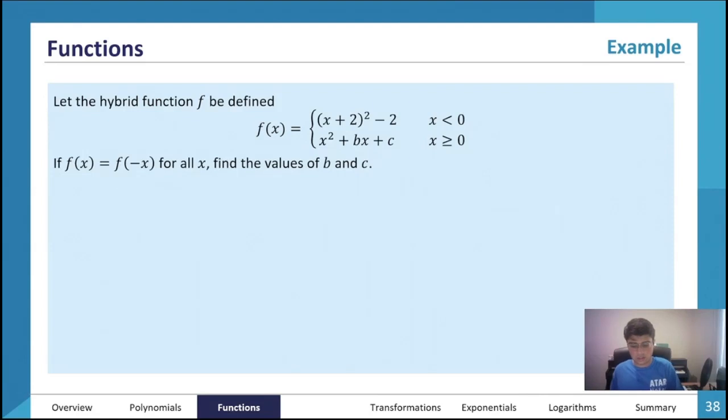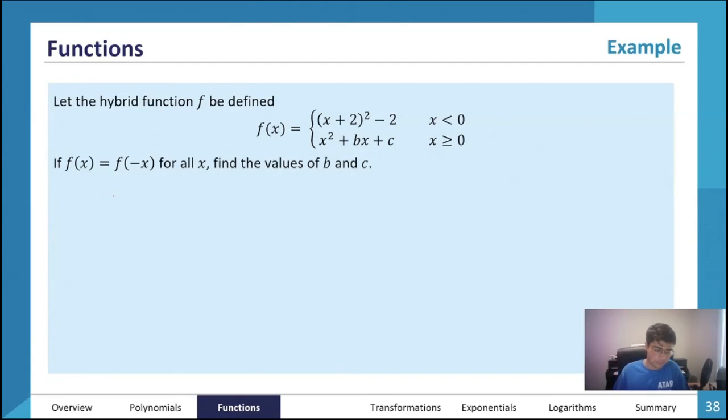Okay, so we're going to do another practice question so we can wrap our head around these hybrid functions a little bit more. The question sets out a hybrid function for us, and we need to find the values of b and c given that f of x is equal to f of negative x.